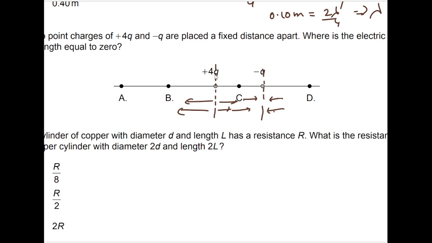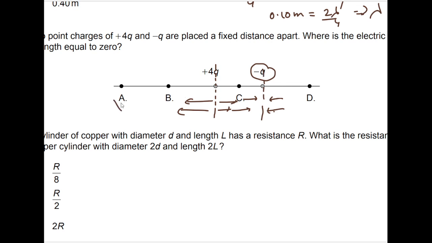Secondly, because they are not of equal magnitude, the electric field strength cannot be 0 midway. So it is somewhere closer to minus q, because that is a weaker charge. Plus 4q is 4 times stronger than minus q.